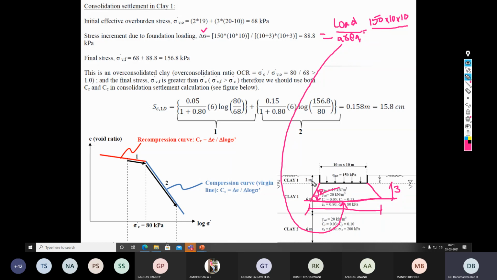Because this 2 meter will not be subjected to any foundation load. Only the 6 plus 6, 12 meter is subjected to the footing load. Only this 6 plus 6 will undergo the consolidation, not this 2 meter, because this is above the foundation level. Soil above the foundation level will not experience any kind of stresses.